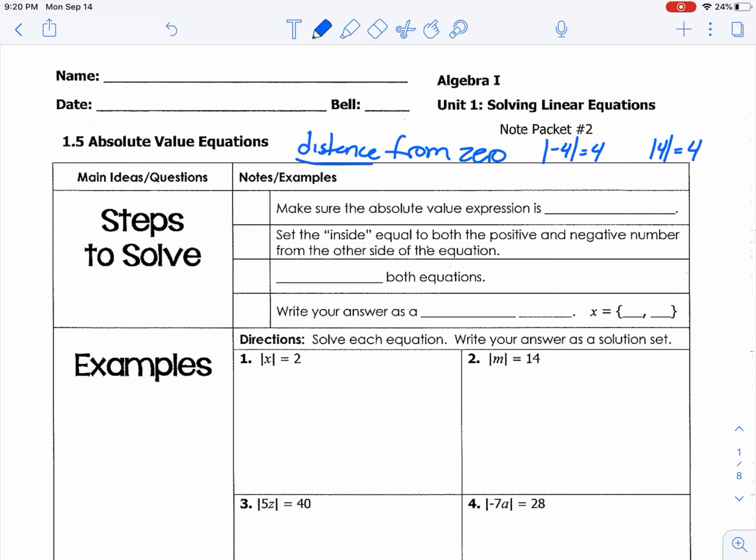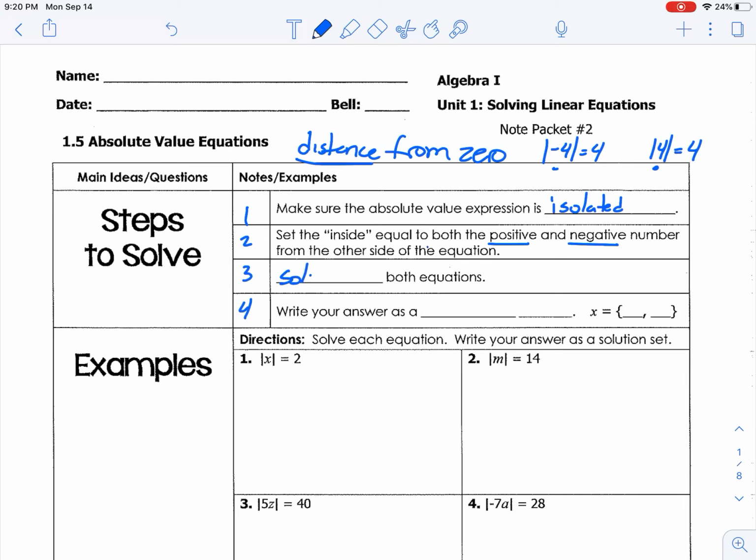So we have some steps to solve this absolute value equation. We have to make sure the absolute value expression is isolated, by itself. That hasn't happened until page 2 in our notes, but we're going to set the inside equal to both the positive and the negative number. We could be 4 units to the left or 4 units to the right, so that's why we do the positive and negative.